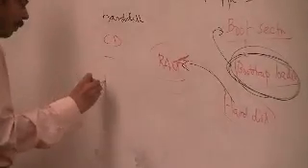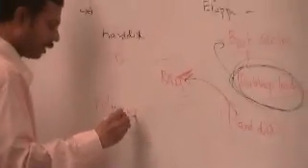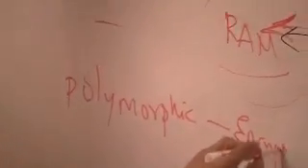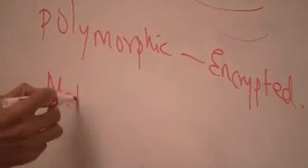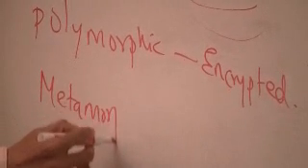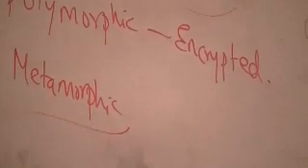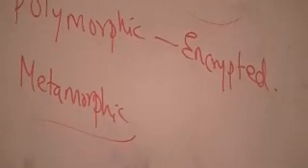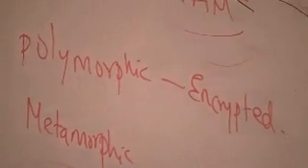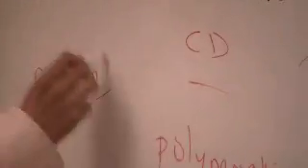One is called a polymorphic virus, and as a subcategory of this, there can also be encrypted polymorphic viruses. And another category of viruses are called metamorphic viruses. Again, if you have taken a biology course, you might have come across this term morph, right? What does morph mean?